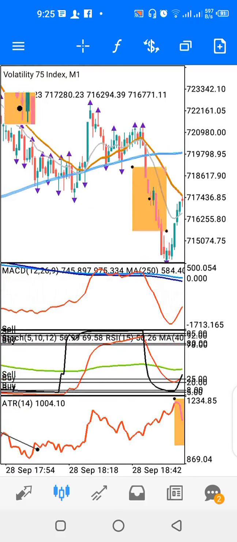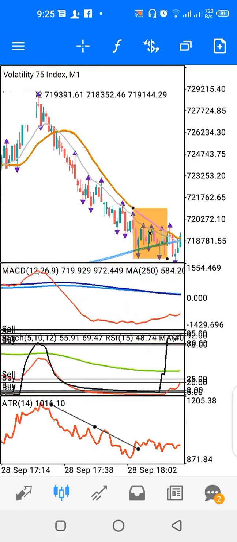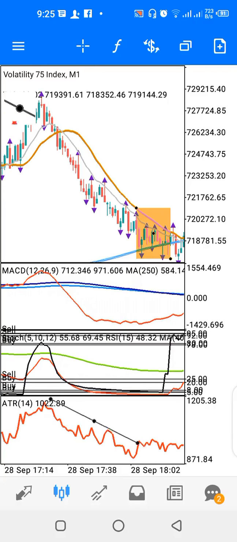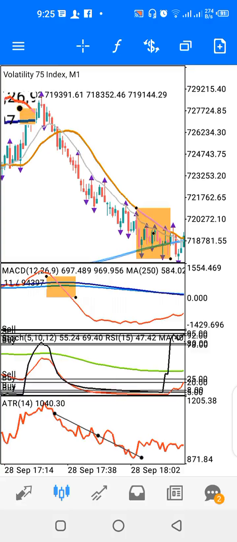This 1 minute time frame continued to drop just because the volatility of the average true range is falling. Then you confirm with other windows like you have around here before you take your sell or you take your buy trade.